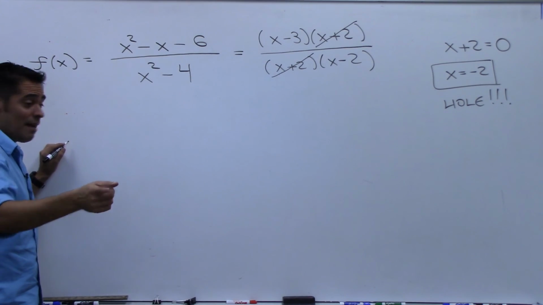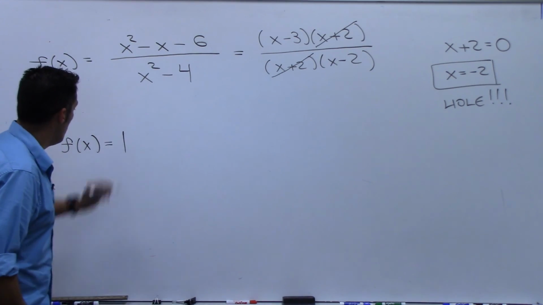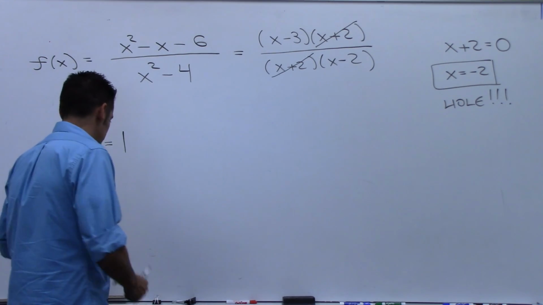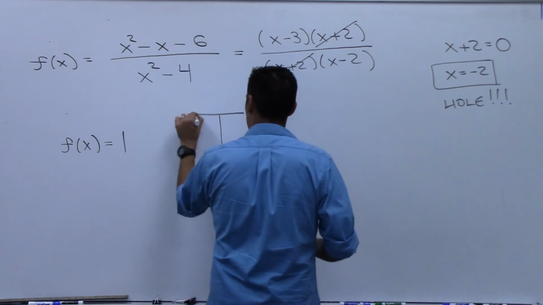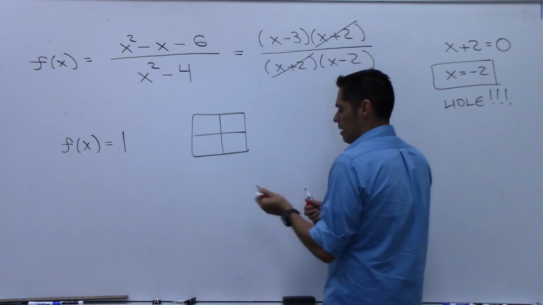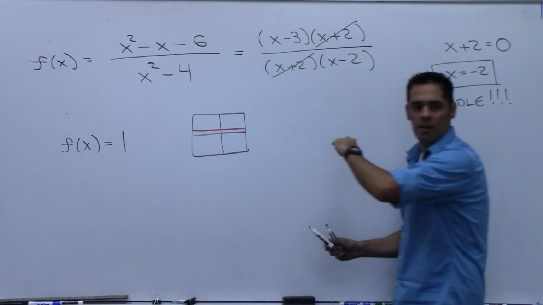If you were to get your graphing calculator out, and I were to ask you to graph 1, what it would do is spit out this graph. Here's the little calculator screen, and it would draw it like that, straight across, 1 unit high.